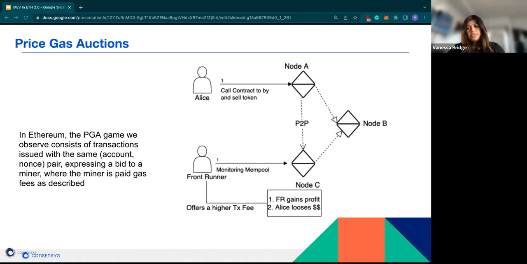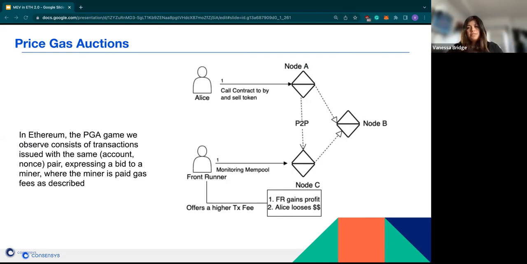Because Ethereum is a peer-to-peer protocol, whenever you identify any of these opportunities, you have to broadcast it into the network before it gets mined. So in theory, everybody else that sees your transaction can potentially recreate that transaction and try to get it included in the block before you. So this is where the price gas auction games originate.